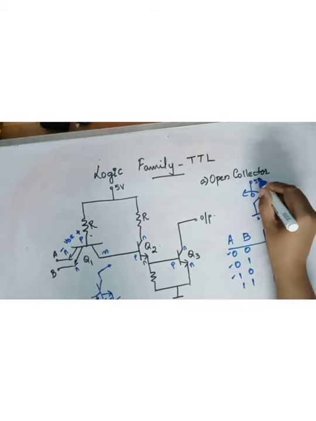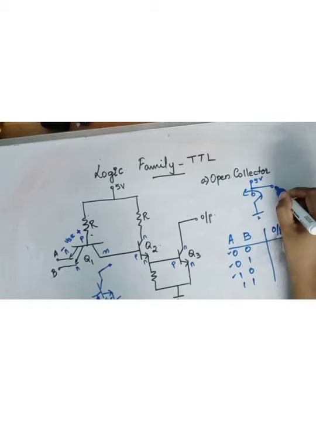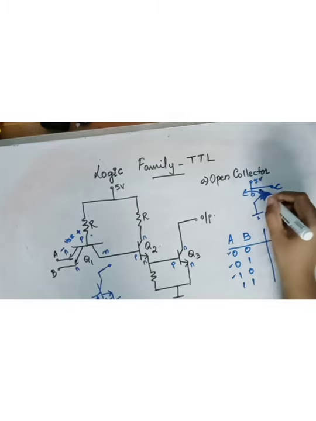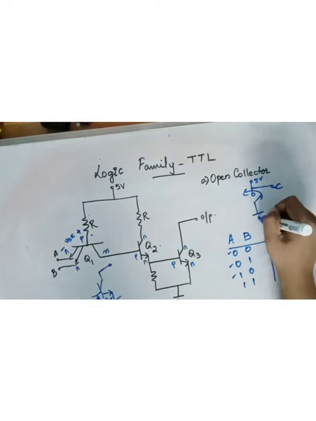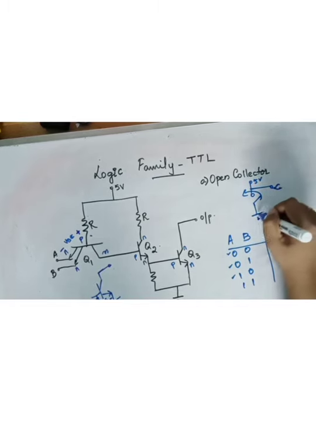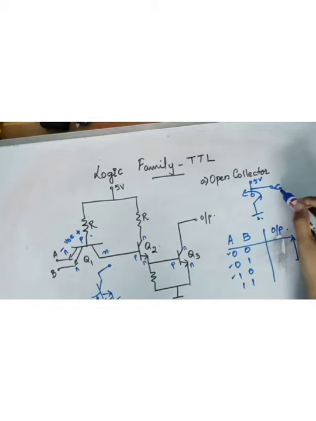This is 5 volt, and you're taking the output from here. This is the collector. So this is closed, so you're shorting this to 0. So the collector will be at a low potential. 0 means logic 0.